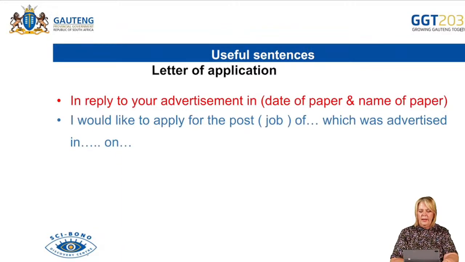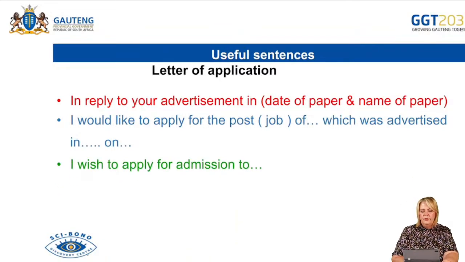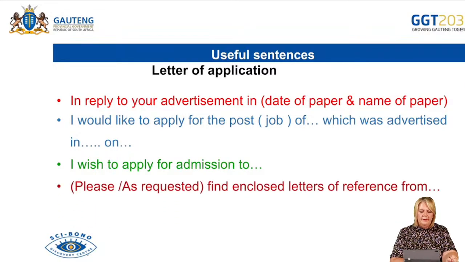I would like to apply for the post of, and then you include what specific post you want to apply for, which was advertised in, and that would be the newspaper or the magazine or whatever you are talking to on, and you add the date. I wish to apply for admission to, or please, as requested, find enclosed letters of reference from. Those are all possible phrases that you can use.